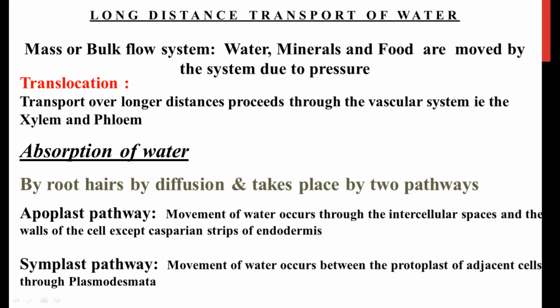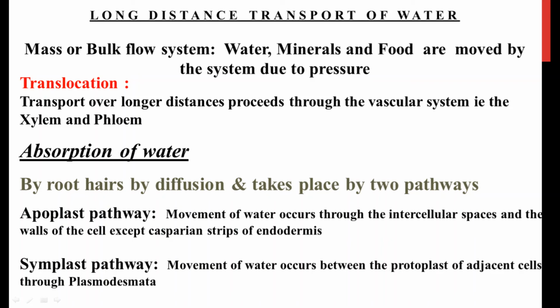Apoplast pathway: apoplastic movement of water occurs through the cell walls and intercellular spaces and does not cross any membrane or cytoplasm of cells. The apoplast does not provide any barrier to water movement, which occurs through mass flow due to cohesion and adhesion of water molecules.